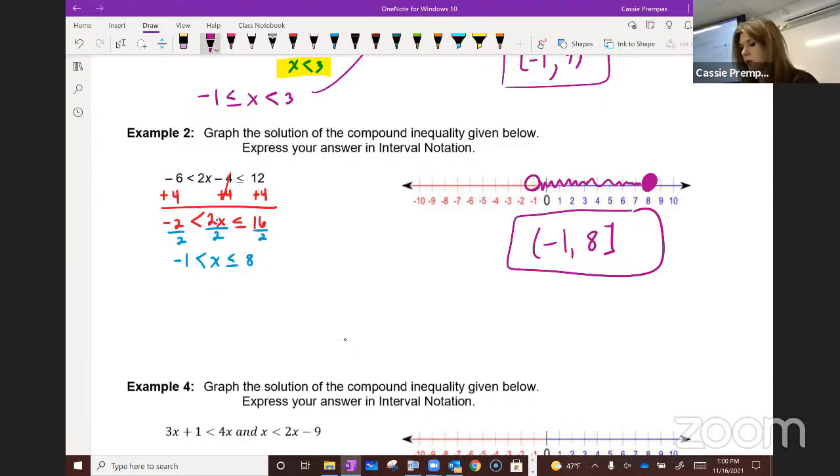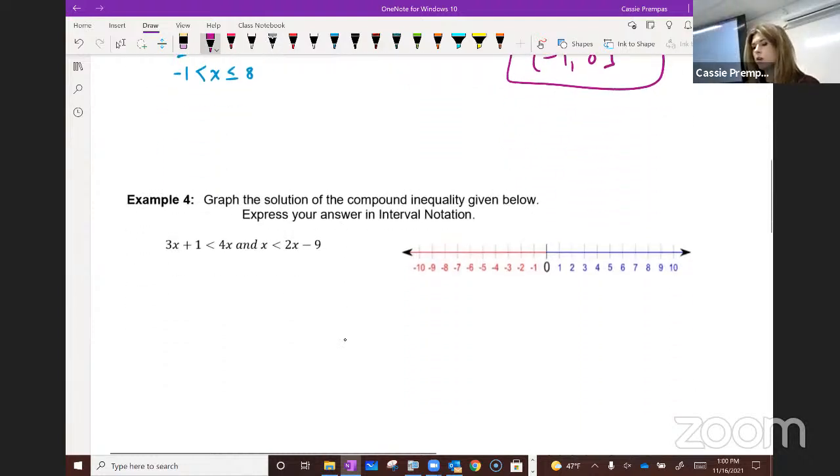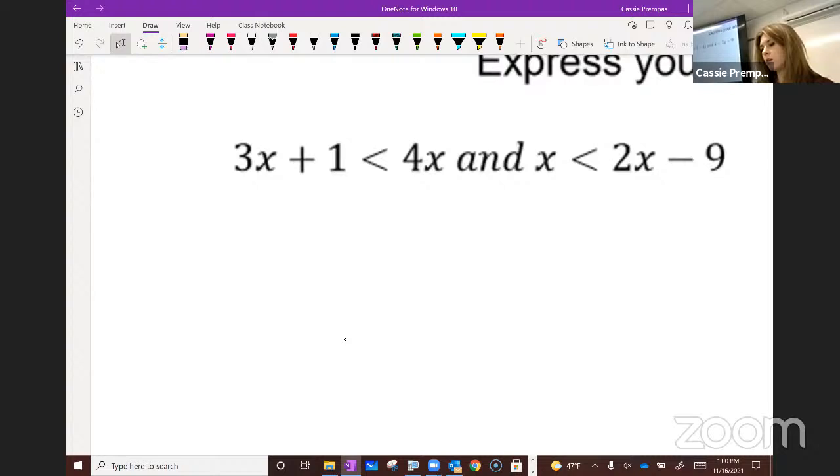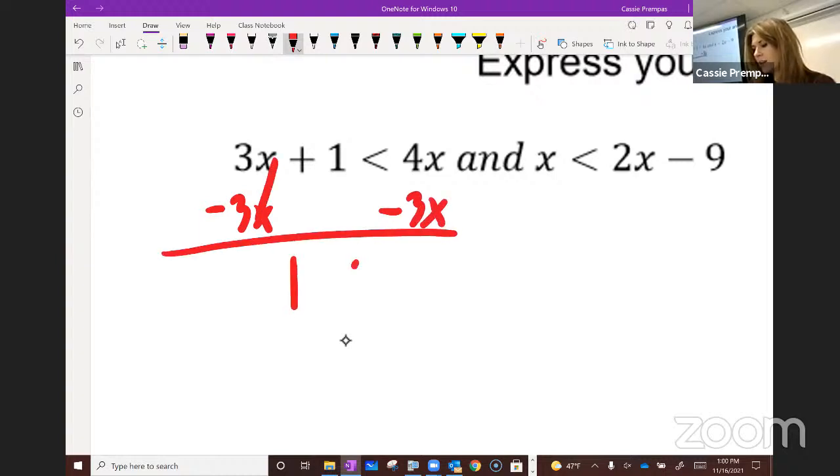All right, let's keep going. Example 4. Graph the solution of the compound inequality given below. Express your answer in interval notation. We've done 2. This third one might be a little bit more of a challenge. Let's think through it. Looking at the one on the left side, what would you guys do first? Nice, subtract 3x. And that would give me 1 is less than x.